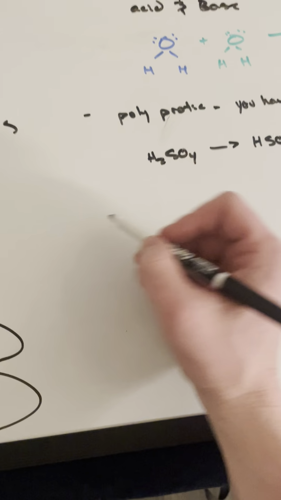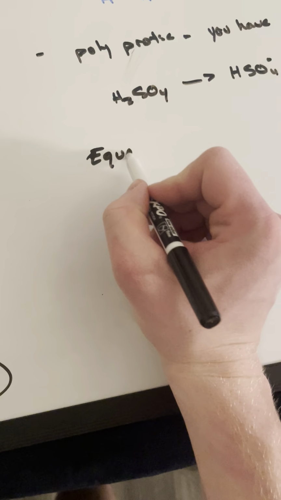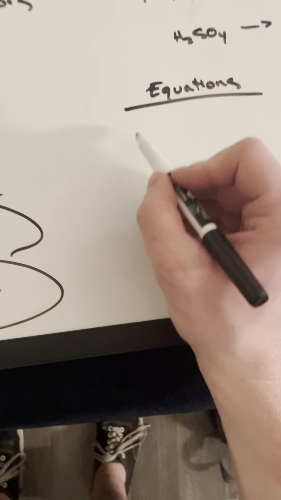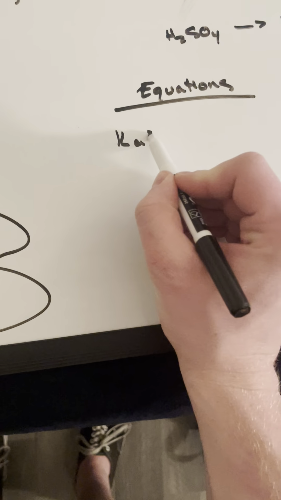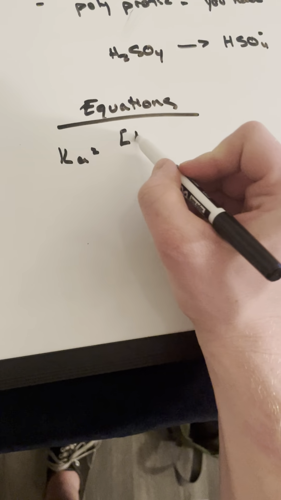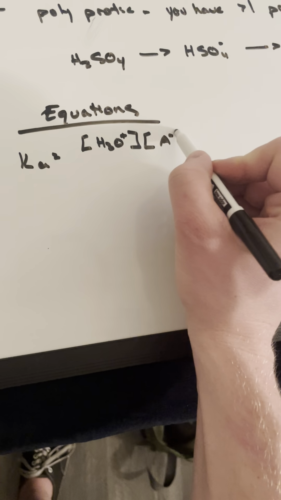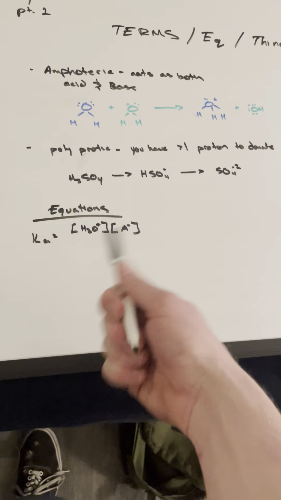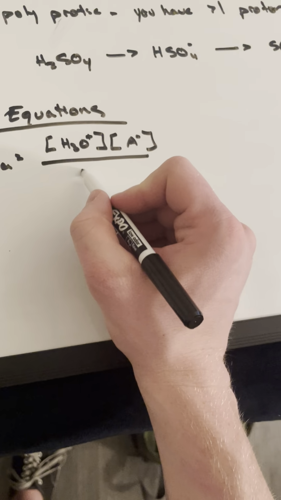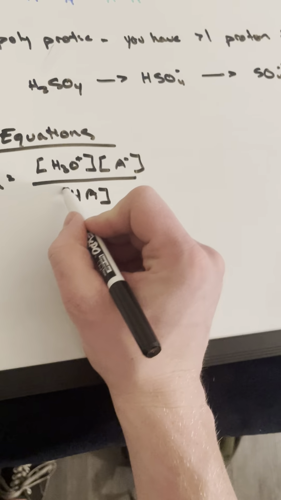Right, cool. Now we'll do some equations to know. And we'll start with Ka, because that's kind of where everything stems from. So Ka is going to equal the concentration of H3O plus times A minus, so conjugate base, over HA, which is the starting acid.